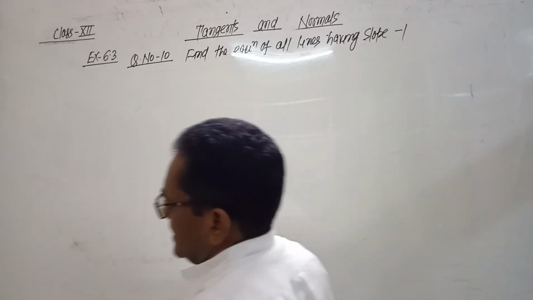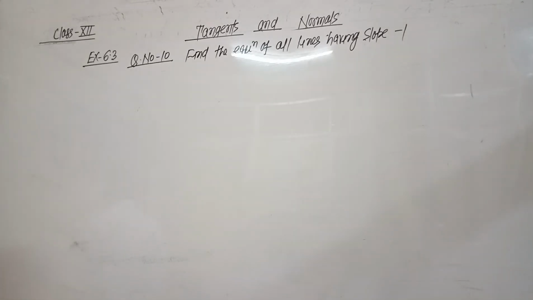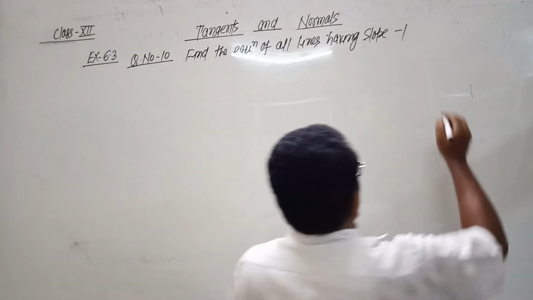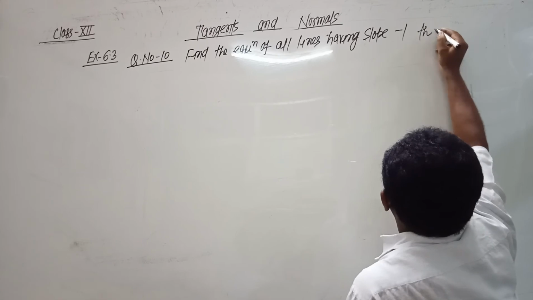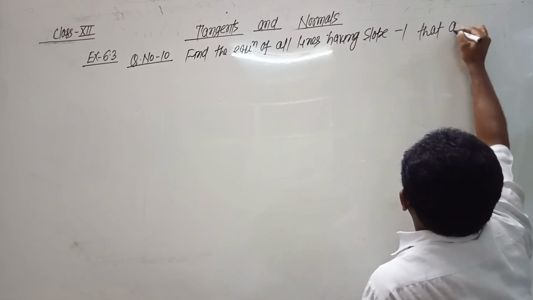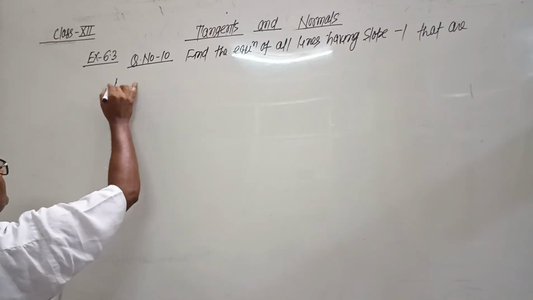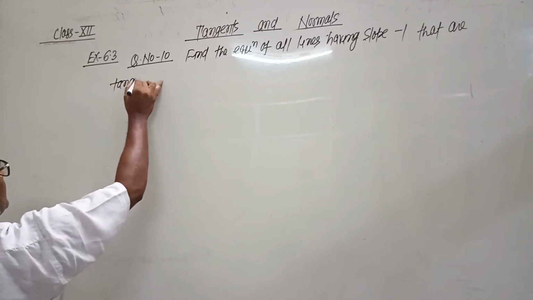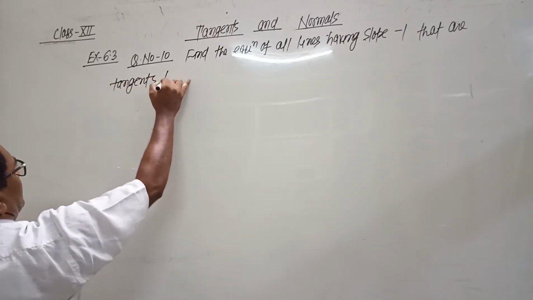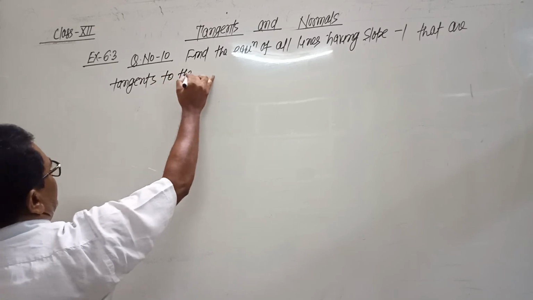We have to find the equation of lines having slope minus 1 that are tangents to the curve.